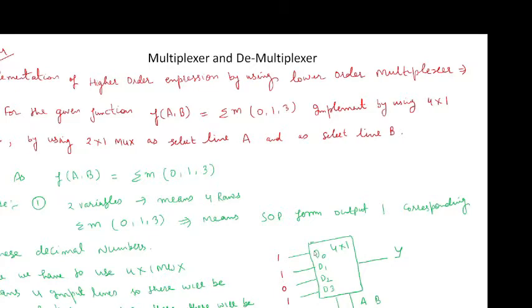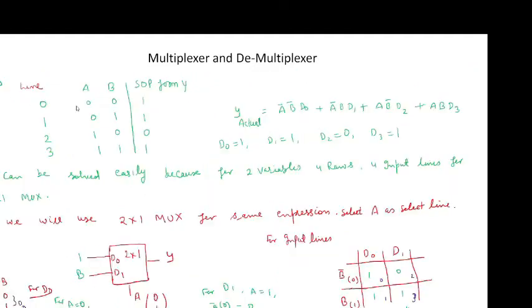Now see here, there are 4 input lines D0, D1, D2, D3, and there are 2 select lines A, B. For AB we will write 00, 01, 10 and 11. Now see the table. This is your select lines A and B, and there are 4 input lines D0, D1, D2, D3.